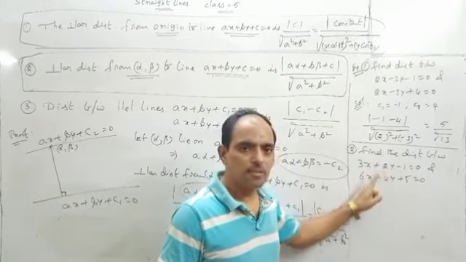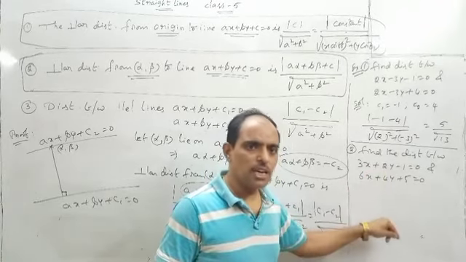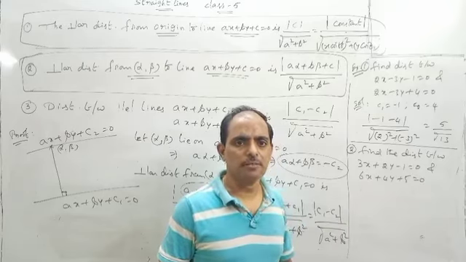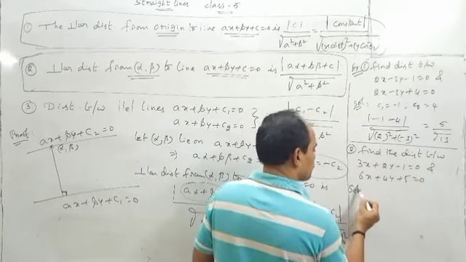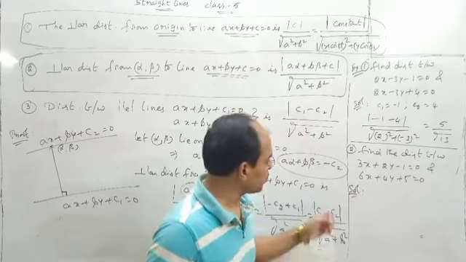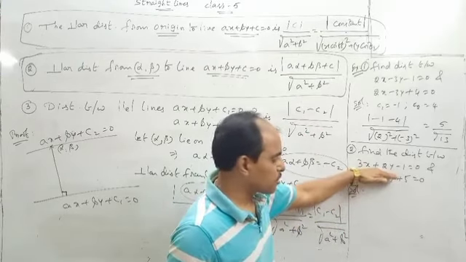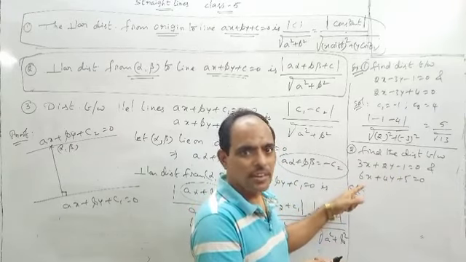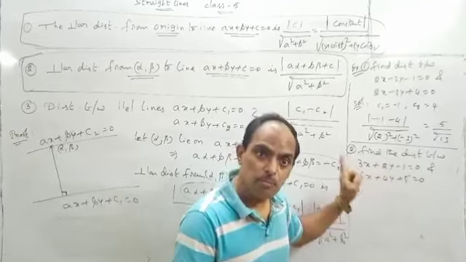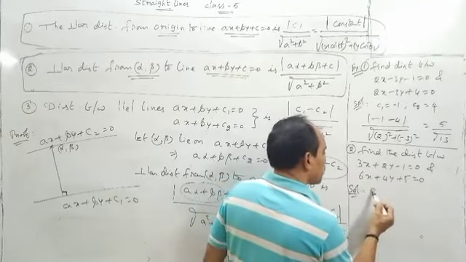Minus 3 by 2. What is the slope of this line? This is also minus 6 by 4, means minus 3 by 2. So slopes are same. So these two lines are parallel. Got my point? Here the x coefficient and y coefficient are not the same like before, but these two are parallel lines. Given lines are parallel.